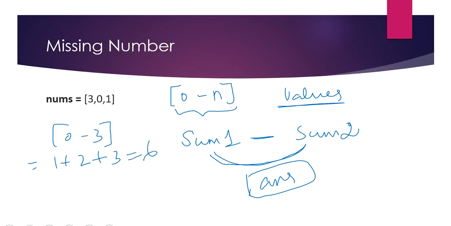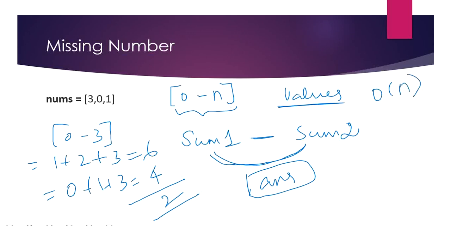The sum of the given array is going to be 0 plus 1 plus 3, which is 4. So the difference between sum 1 and sum 2 is going to be 2, which is actually our answer. So using this simple technique, we are going to solve this in constant space and linear time.